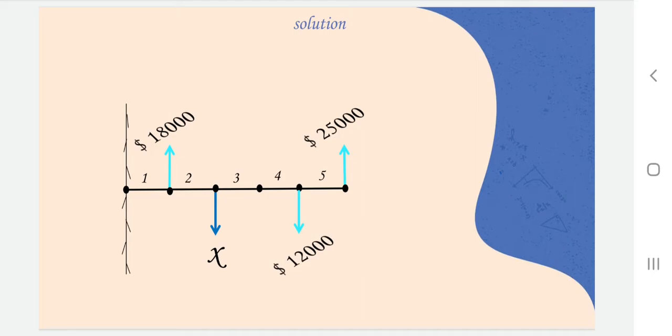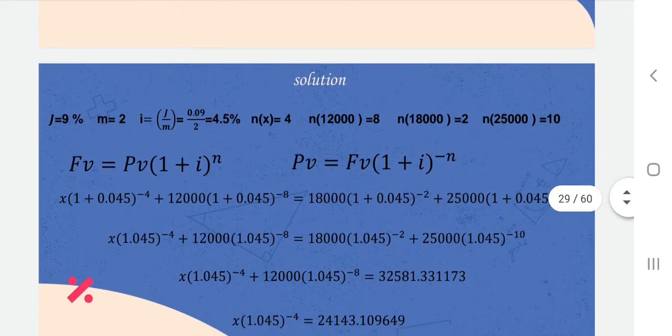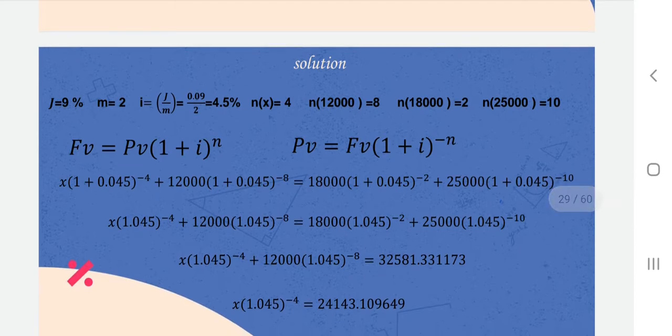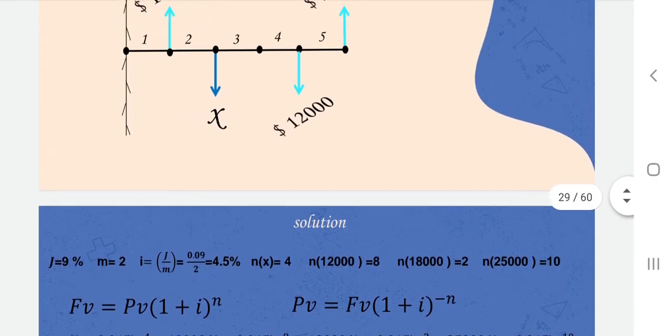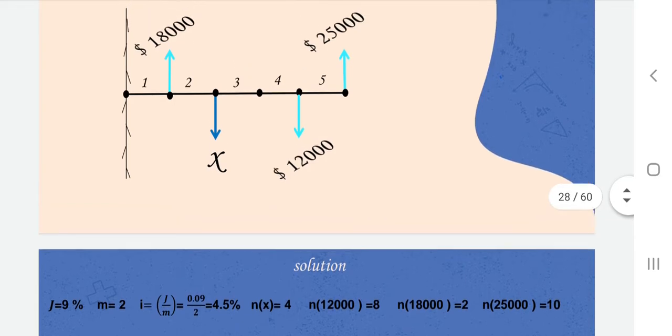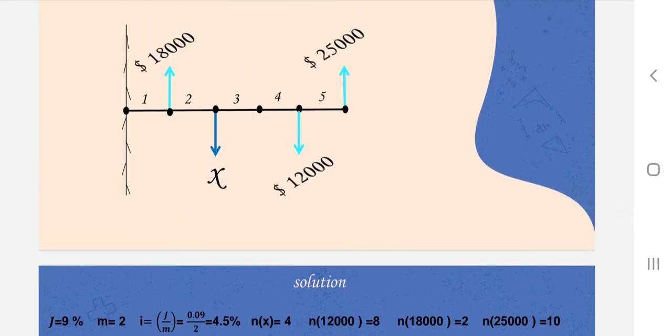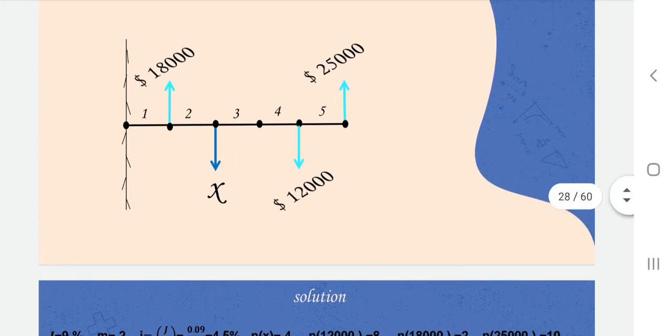So the solution, where J equals 9%, M equals 2, I equals 9% over 2 equals 4.5%. We need to get X. Note that it is converted semi-annually. So M for X will be equal to the time multiplied by 2.